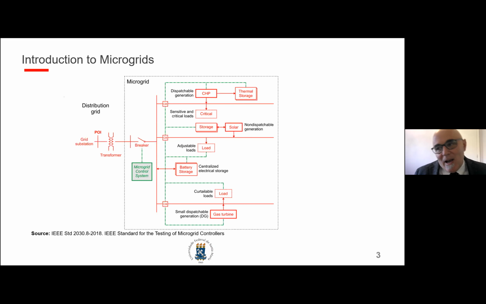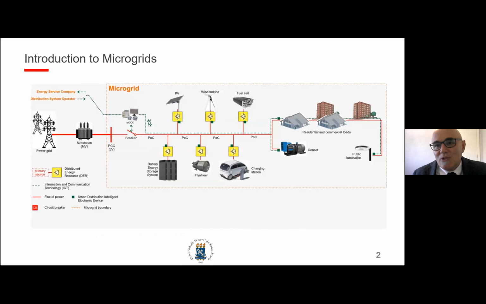Something I have to mention also is one driving force behind this implementation, the renewables and microgrids: the reduction of CO2 emissions and global warming. There is a growing environmental concern, and microgrids can help to increase the resilience of the overall system, especially when you have extreme weather and extreme conditions.